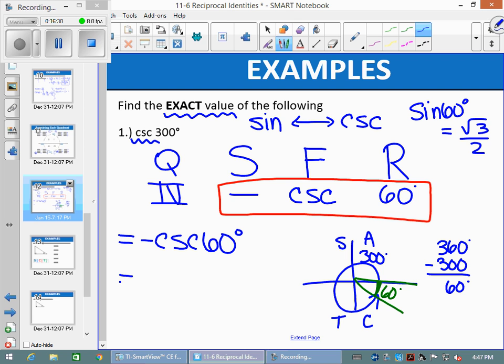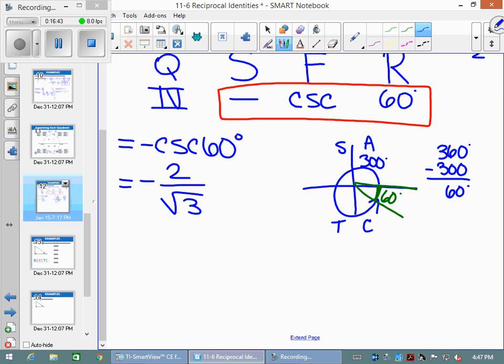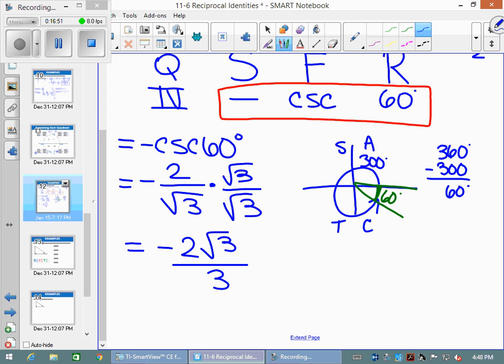It's negative because we're in quadrant 4, and it's 2 over radical 3 because it's the reciprocal of sine. If I take my last step, which would be to rationalize this, I get negative 2 radical 3 over 3 as the reciprocal of the sine of 300.